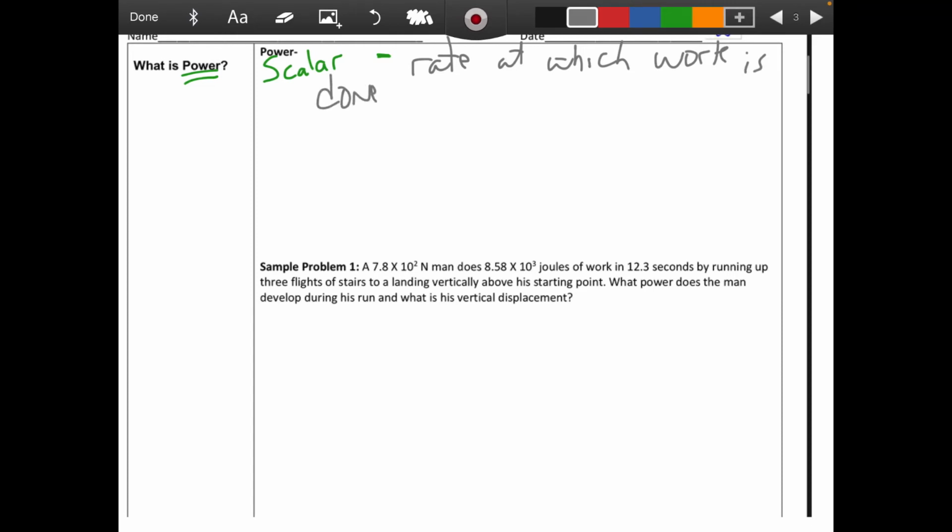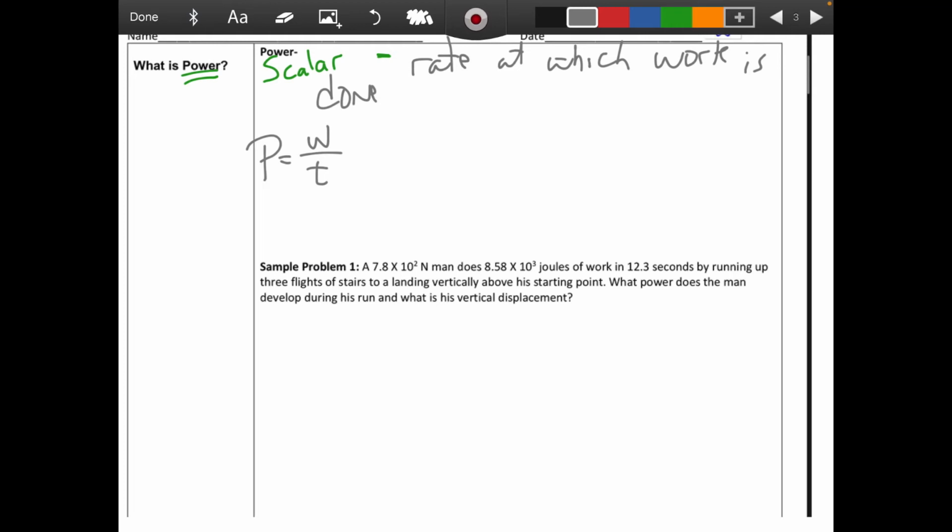So power, the rate at which work is done. When we think about the rate, we're thinking about the time. So power, capital P, is going to be equal to work over time. So the rate at which work is done.